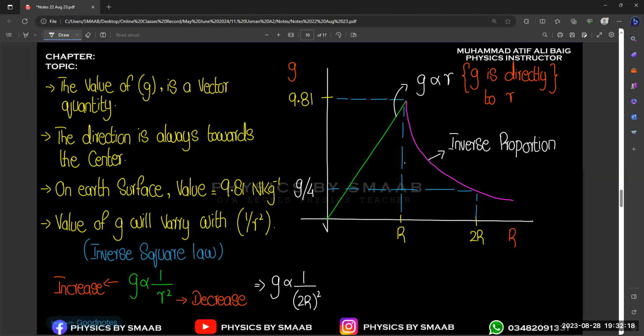So this is the concept, right? Any confusion? No. Okay.